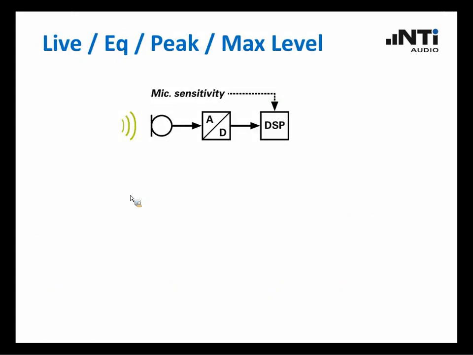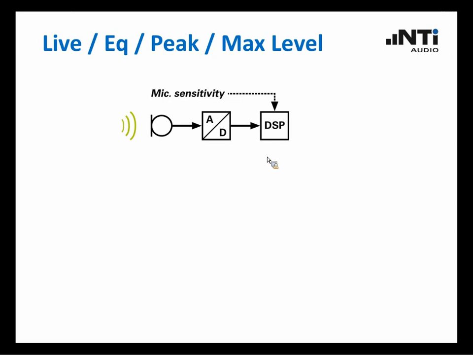So let's start with the live, the equivalent, peak and maximum level. First of all, just to remember, how do we measure and calculate these results? We have a sound source, a sound pressure level coming onto the front of our microphone capsule. This capsule translates this sound pressure into a voltage. The voltage is then sampled and digitized, and then the signal processor calculates the required results out of this digital data stream.